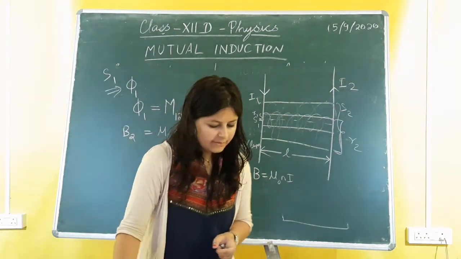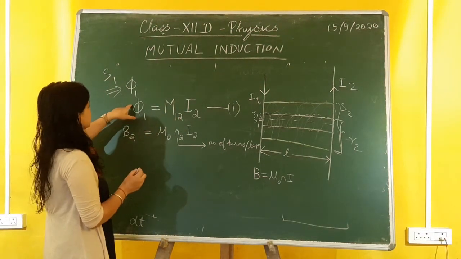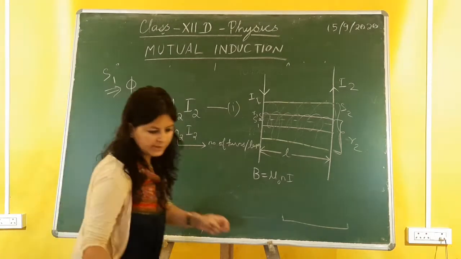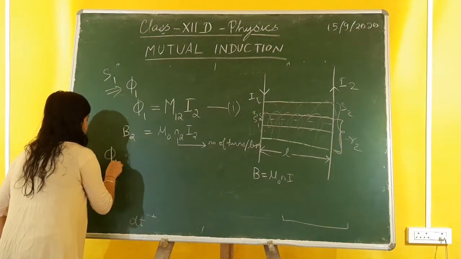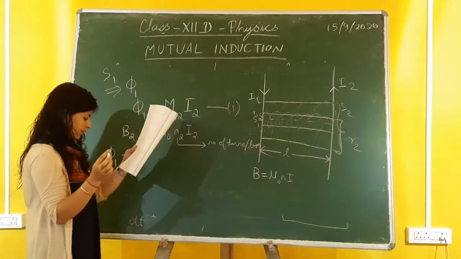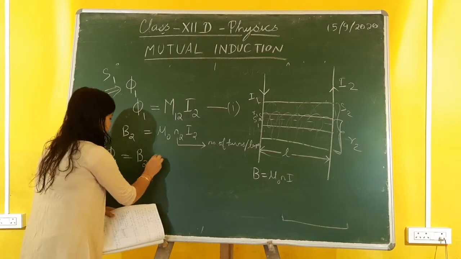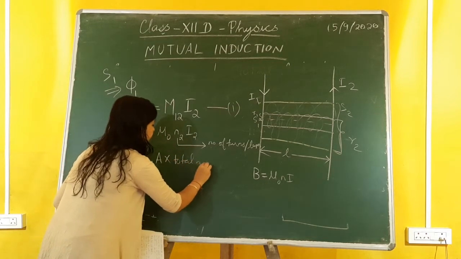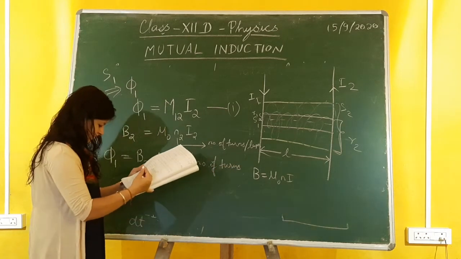Now, therefore, the magnetic flux through S1. Now, again coming back to the inner solenoid, we have deduced the magnetic flux. Okay. Now the magnetic flux through S1 is given by phi 1. Another expression for phi 1, one was this because of the inductance, okay. Second one, phi 1, which we already know, is magnetic field into area into the total number of turns in S1.